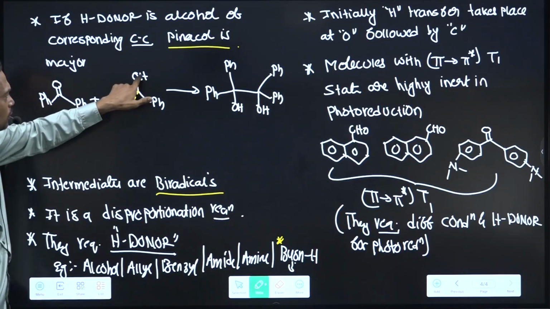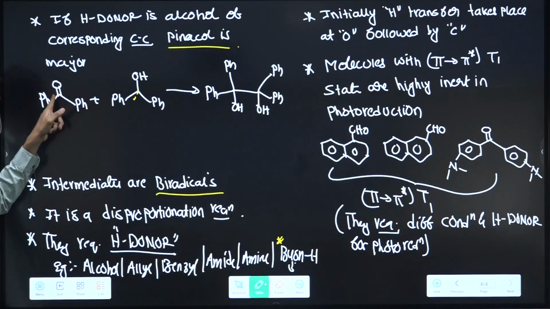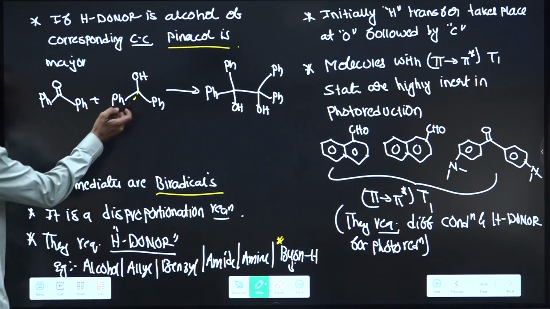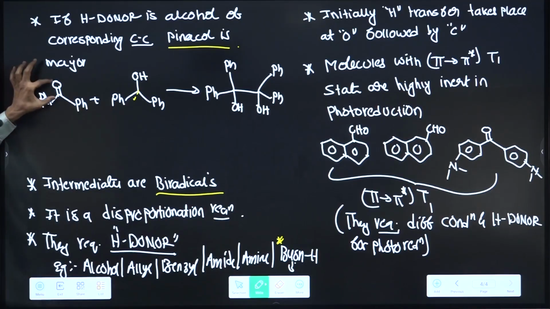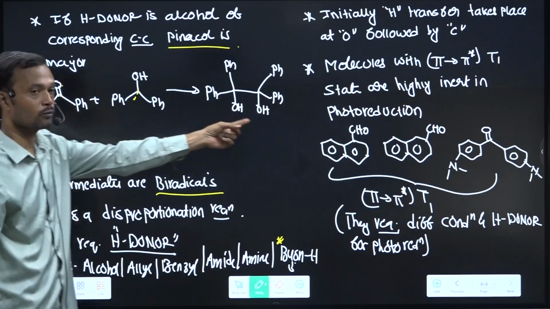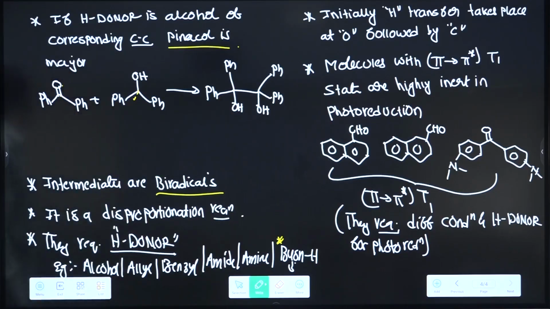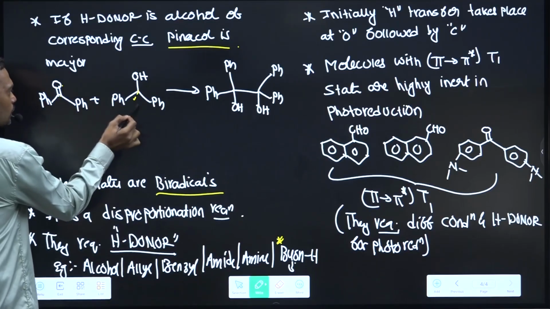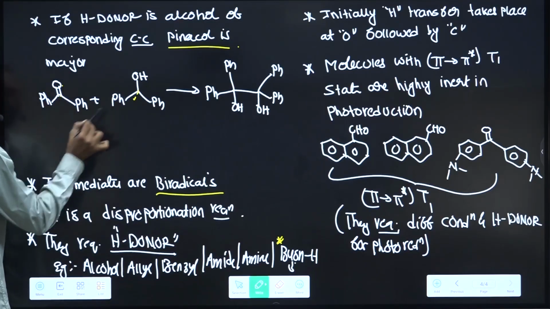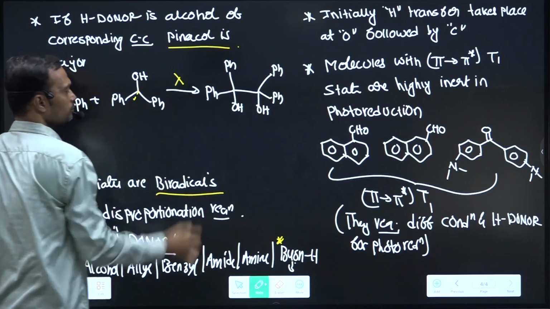Remove this hydrogen, put a bond, will you get this answer? Say yes or no? Yes. Then that is called the hydrogen donor of the corresponding carbonyl compound. And if you add one hydrogen here and one hydrogen here, you will get this answer. In those cases, you will get only one product, pinacol.